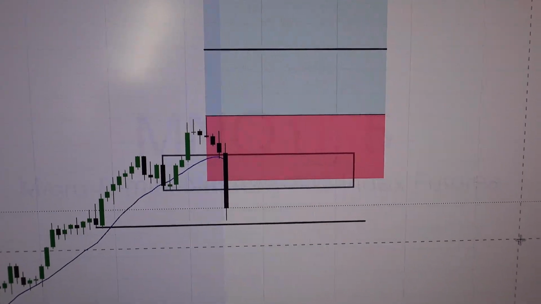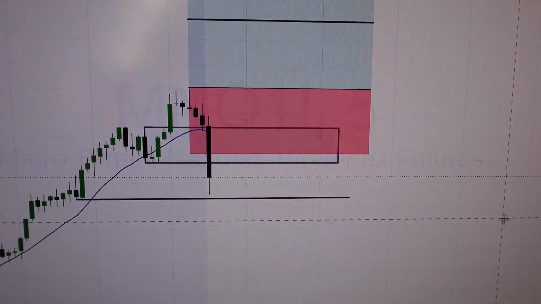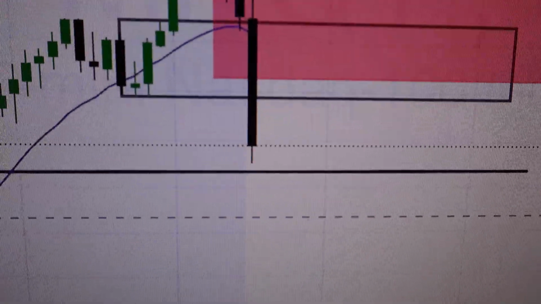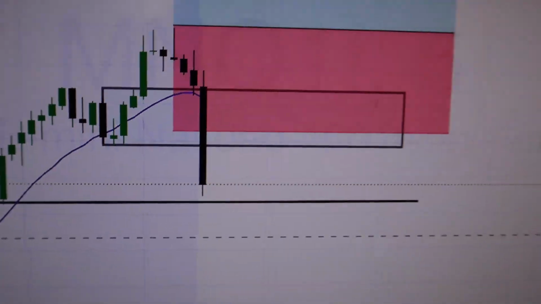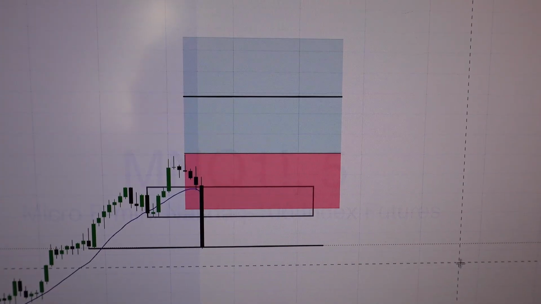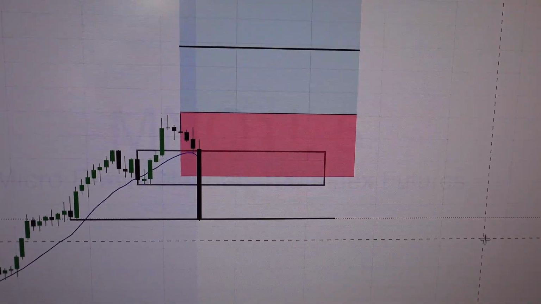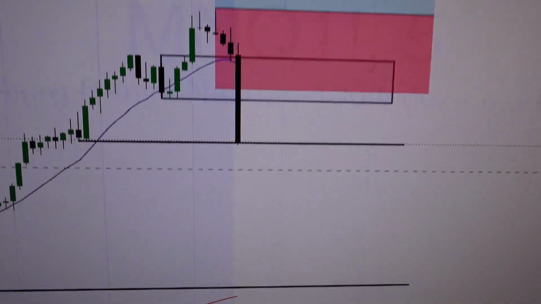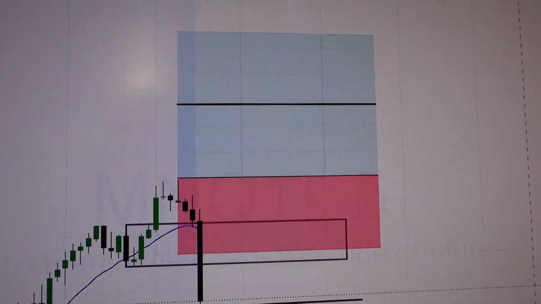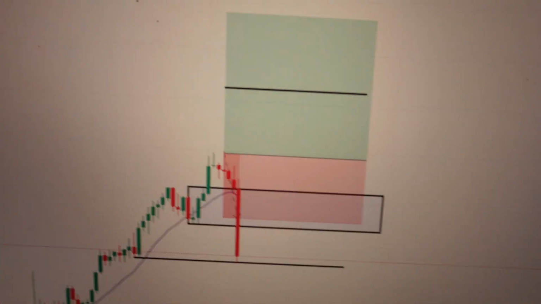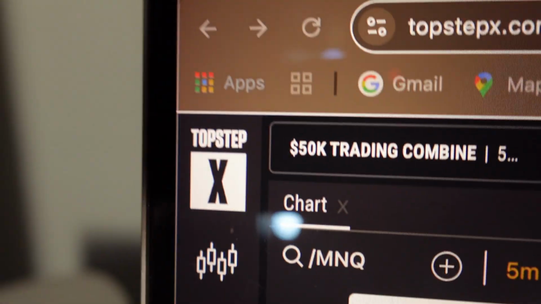Alright, price hit and looks like price is about to violate my demand zone. Looks like it violated my demand zone, so I gotta see. I'm already set up just in case it moves up. It looks like it's going down. I got the same setup on my TopStep, doing the combine.